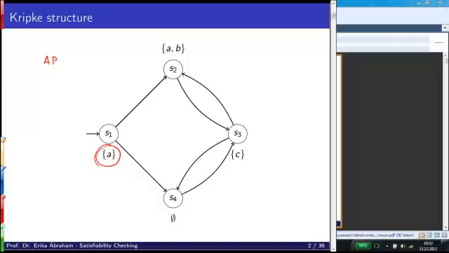And therefore I have these atomic propositions. So what are these? A could be an atomic proposition. Let's say x is not 0.